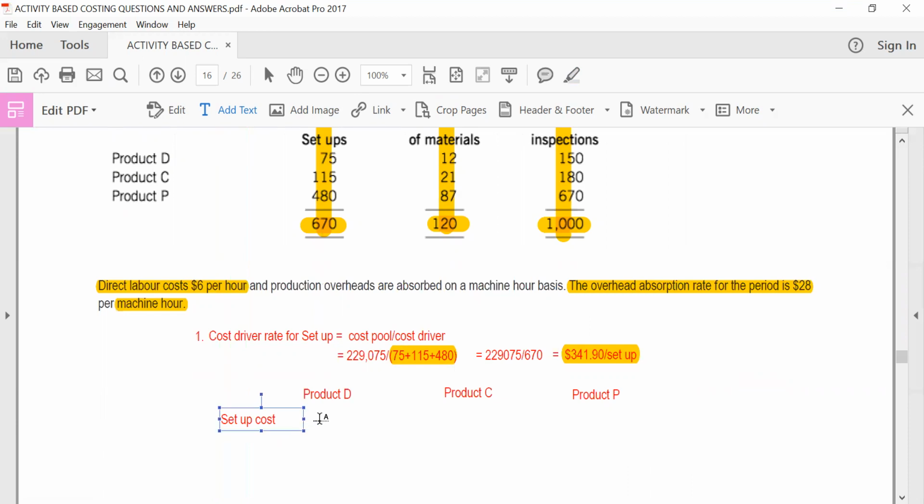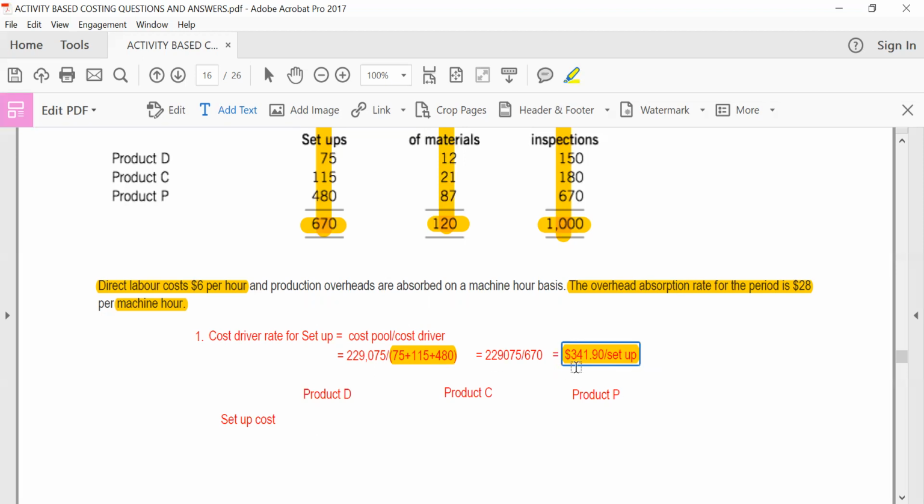Okay, so in the case of product D, how do you get the charge? Please look at what is happening. When you get the meter, you come back and use it to multiply the individual denominators. So 341.90 will multiply 75.